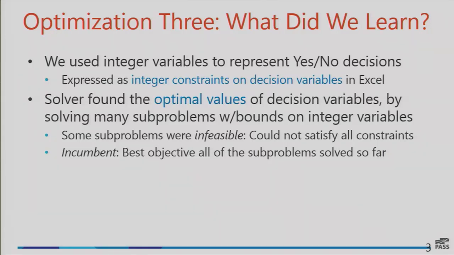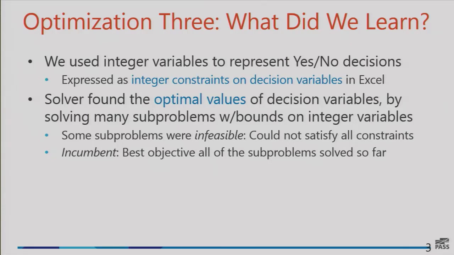Okay, so the solver will say, we're going to ignore the integrality restriction, but we're going to put a bound on these variables, first 0 to 1, and then 0 to 0, and then 1 to 1. And so it'll solve a whole series of problems with combinations of restrictions on the integer variables until it gets down to a solution where all the integer variables actually have integer values.